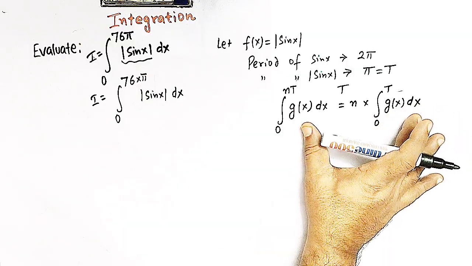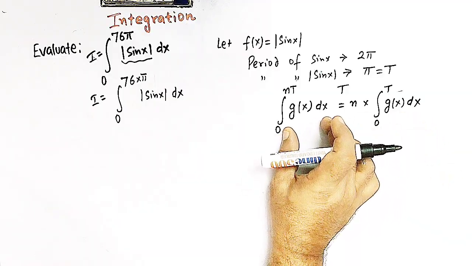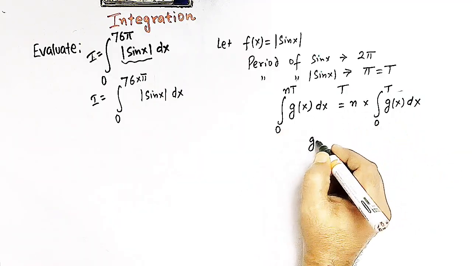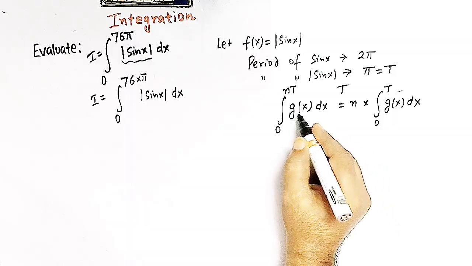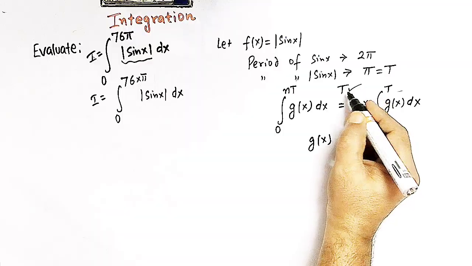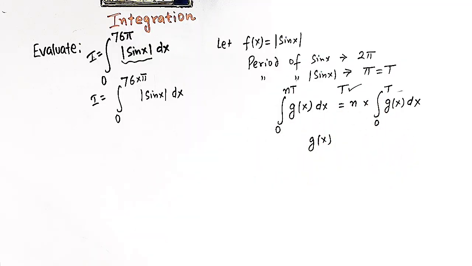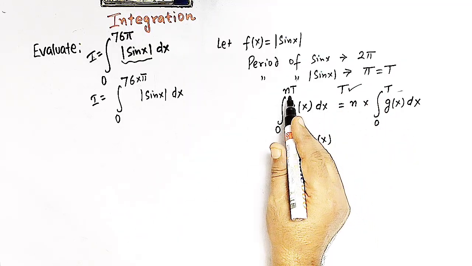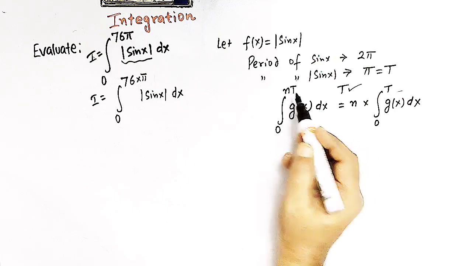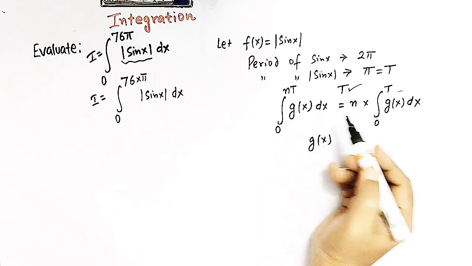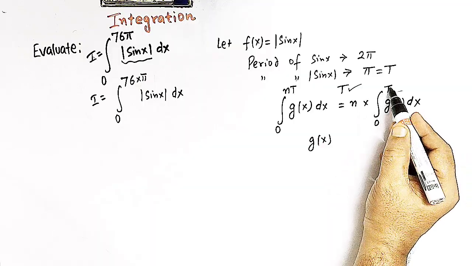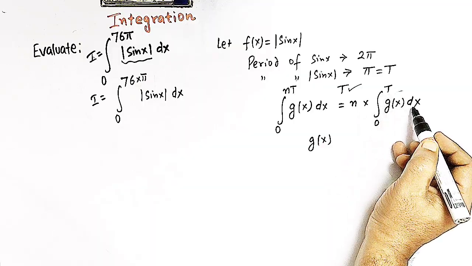This is an important property of definite integrals, where the integrand g of x is a periodic function which has period t, and n is an integer. So the value of the integral from 0 to n times t of g of x dx is equal to n times the integral from 0 to t of g of x dx.